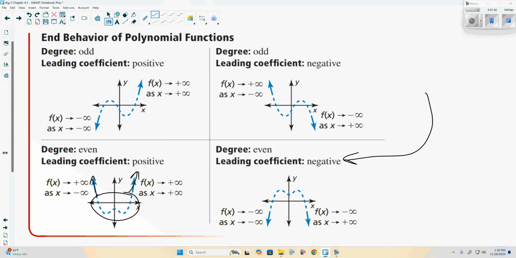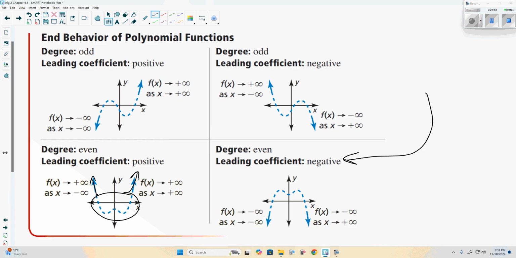So if we said it's an even degree and the leading coefficient is positive, then our f of x is going to approach infinity as x approaches negative infinity. As we plug bigger and bigger numbers into the function, the y value eventually will get bigger and bigger and will go to infinity.